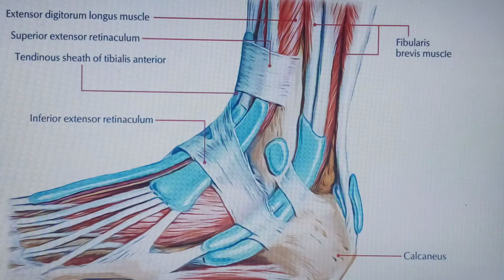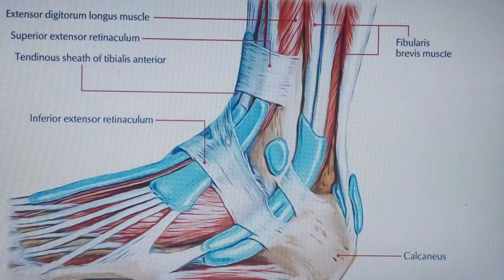Now look at this one, we usually call it the peroneal or the fibular retinaculum, because we are going to have the peroneus longus and brevis muscles running deep to it, which we will get to. So this is actually the inferior band of the extensor retinaculum.